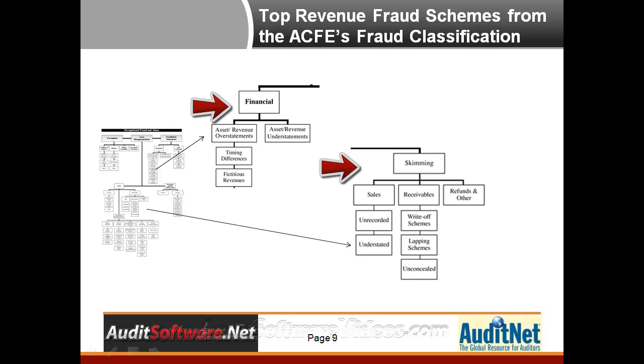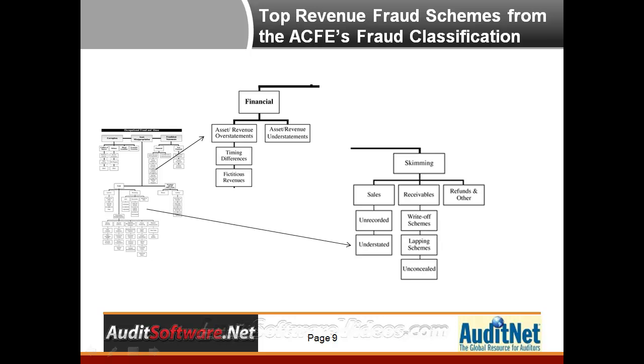Skimming is where a person is misappropriating money or cash before it gets into the books. It may be something where they've unrecorded the sale, or understated the sale in some way, and then there are things you do to conceal what you've done, which usually takes place in the sales and receivable area to steal the money.